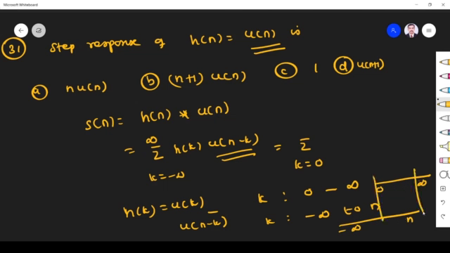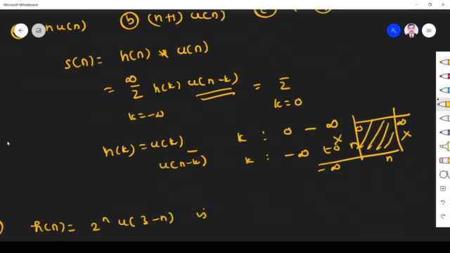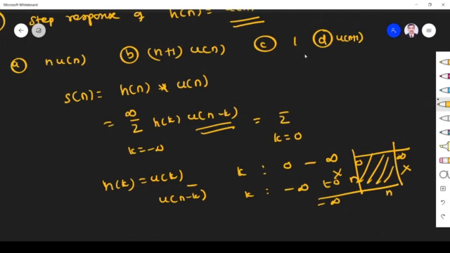So one exists from 0 to infinity, the other from minus infinity to n. When you multiply both, only the overlap gives a non-zero value, so the summation goes from 0 to n. Here h of k is u of k, which is 1, and u of n minus k in this range is also 1.